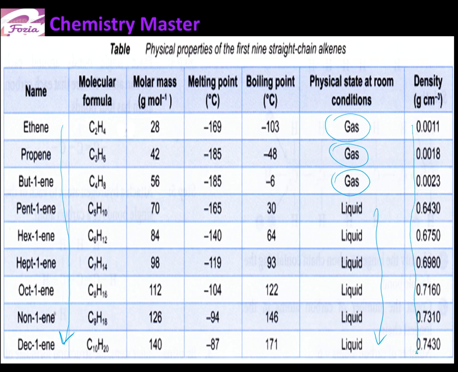This is not the whole story. The melting points and boiling points are also increasing down the group or across the series. Why? Because of the increase of the molar mass. The carbons are added to the molecules, and molecules are getting bulkier.